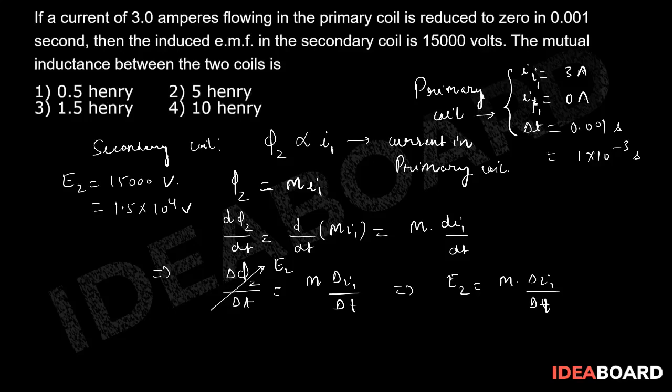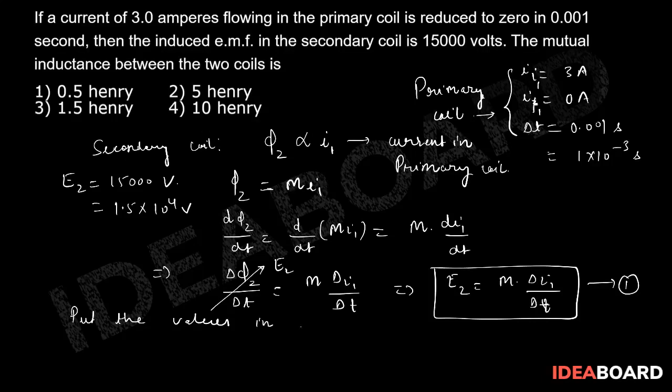If you put the values in equation number 1, we get 1.5 into 10 to the power 4 is equal to m, the value of delta I, which is I final minus I initial. Because I am talking about magnitude, so take the mod.